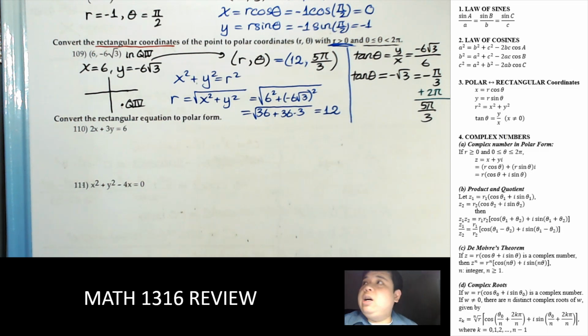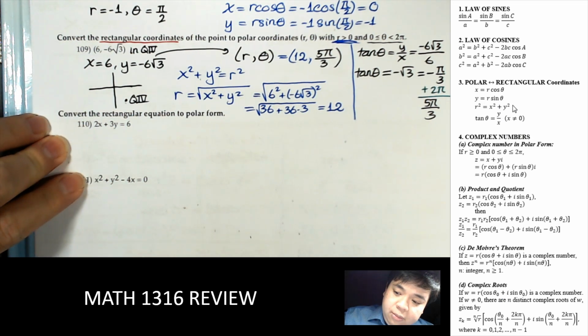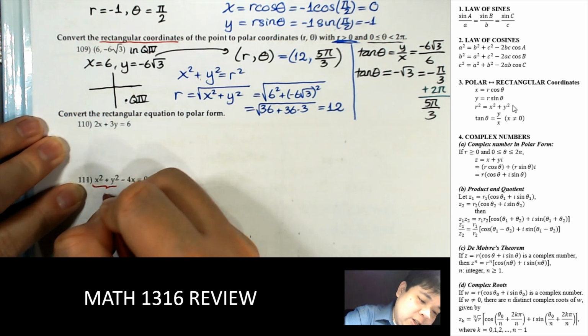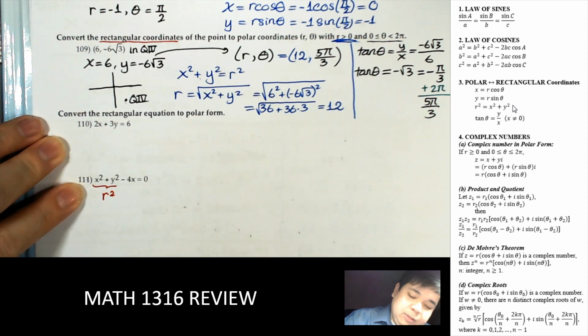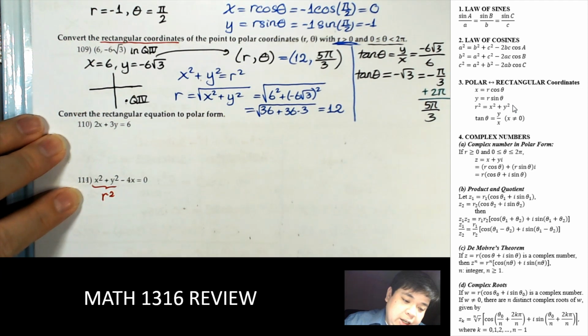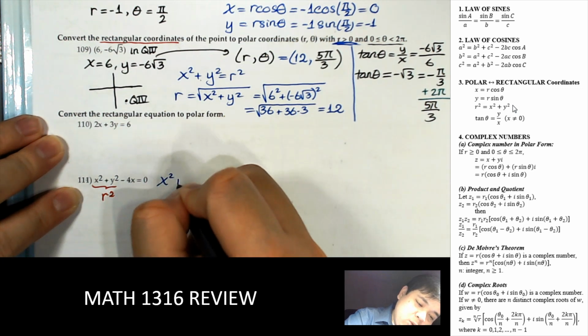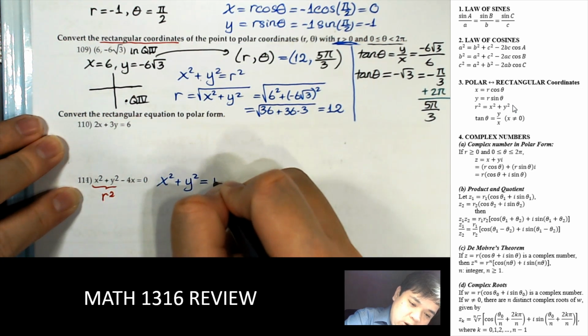So we see x squared plus y squared, right? So that is always r squared. So we use x squared plus y squared equal to r squared.